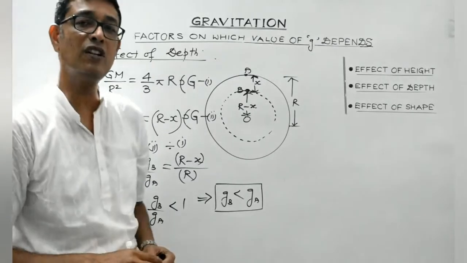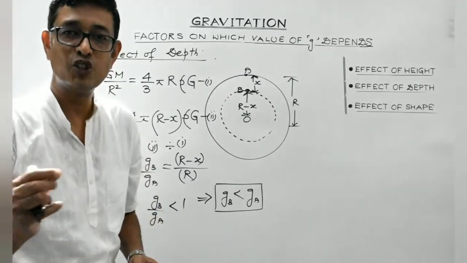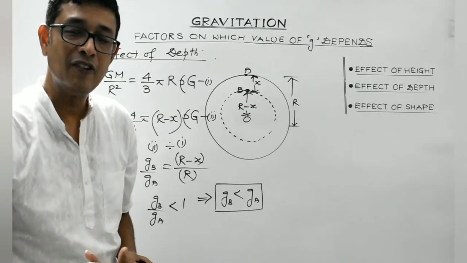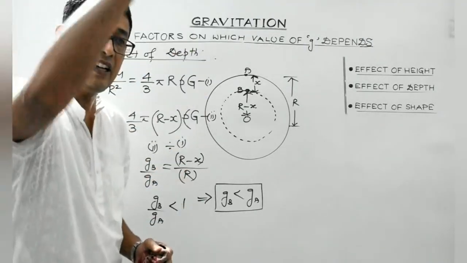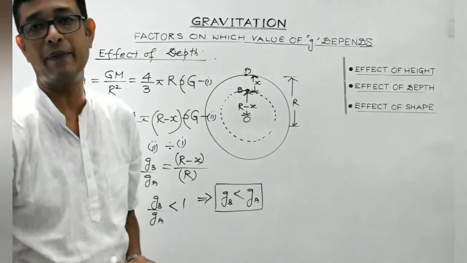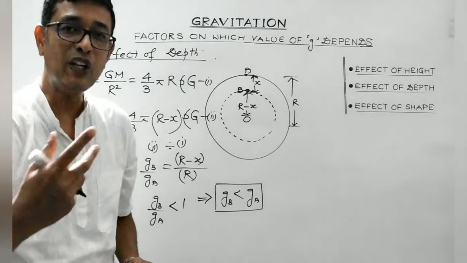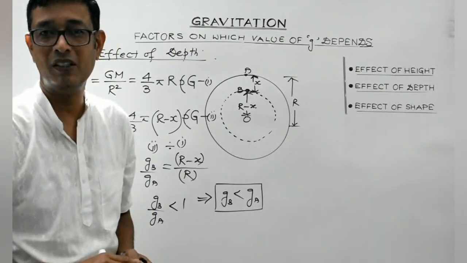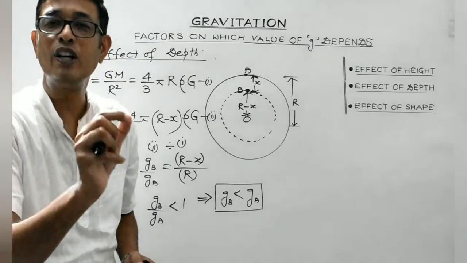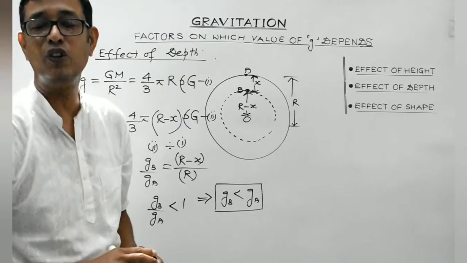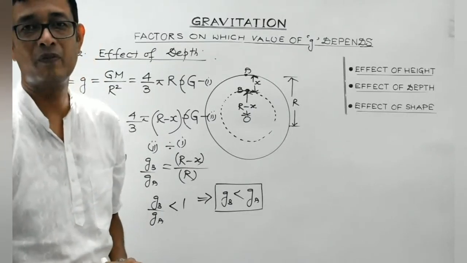So what is the conclusion? The acceleration due to gravity decreases with both increase in the height as well as increase in the depth from the Earth's surface. Clear, students? So where is the value of acceleration due to gravity maximum? Obviously, at a point on the Earth's surface, the value of small g is maximum.